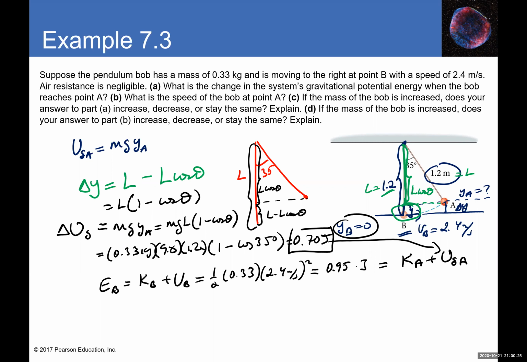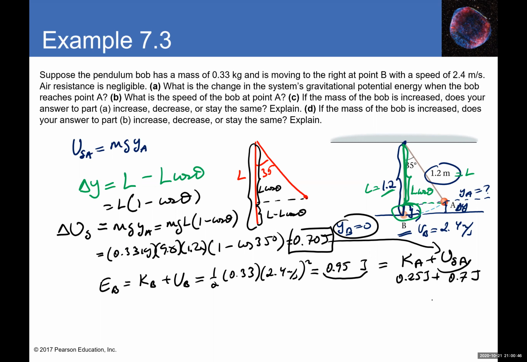So basically at point B, I have 0.95 joules, and at point A, my gravitational potential is only 0.7 joules, which means 0.25 joules was the kinetic energy at point A. So that's why their sum should also be 0.95. So this is how we can verify if you have a speed at point A or not.